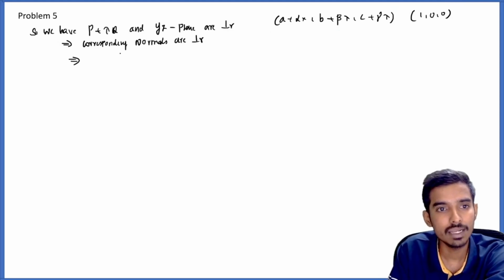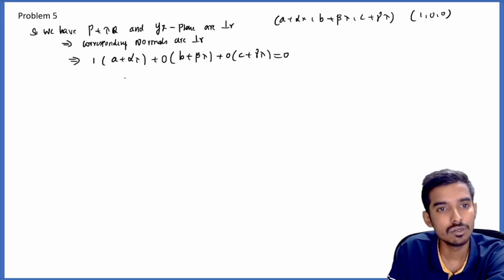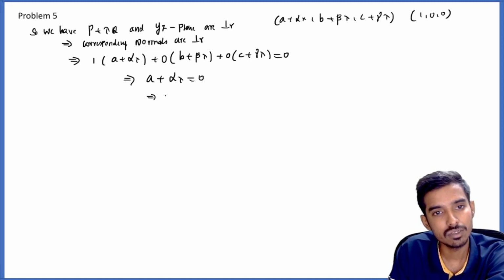So if you multiply this, we will have 1 into a plus alpha lambda, 0 into b plus beta lambda, 0 into c plus gamma lambda is equal to 0. This implies a plus alpha lambda is equal to 0.